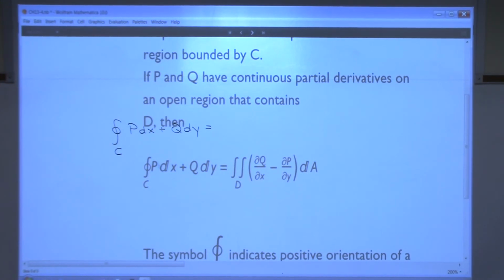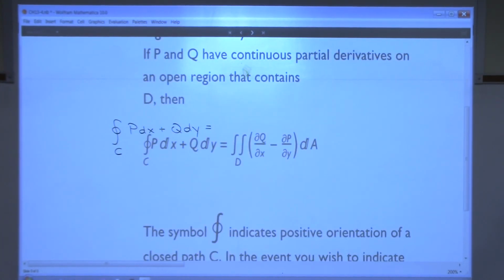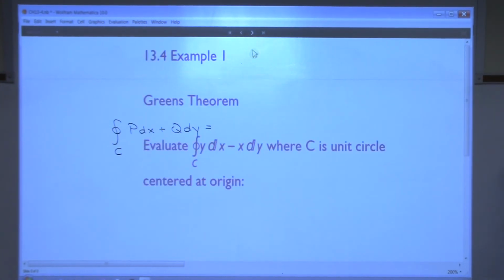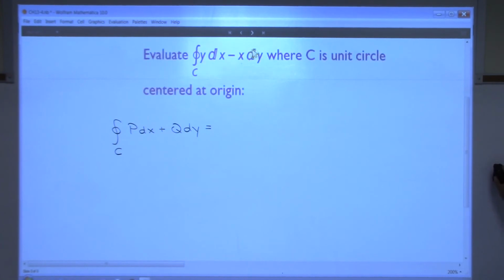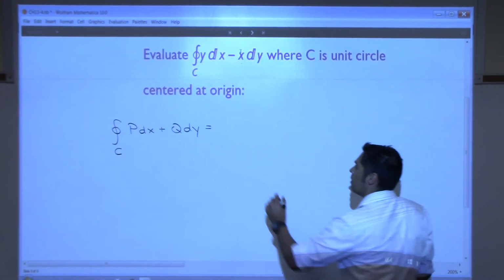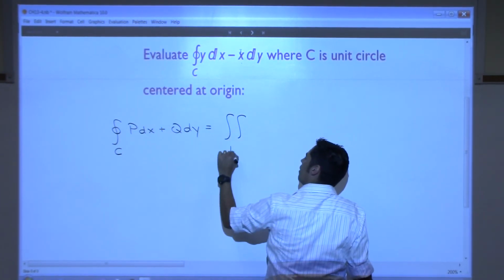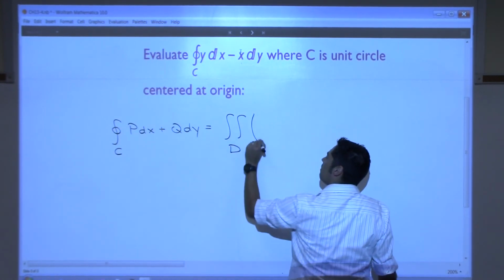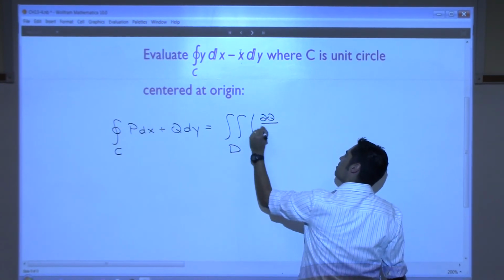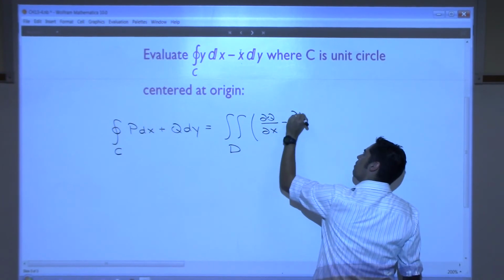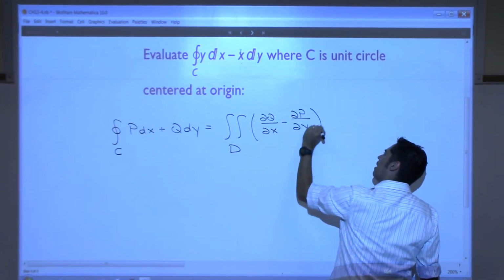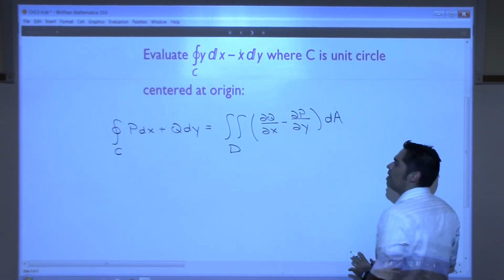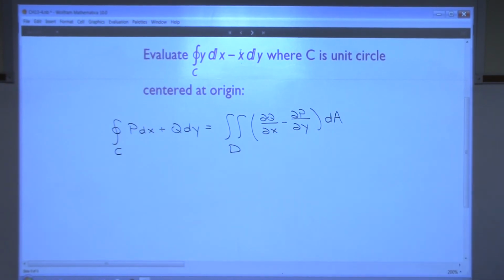This is equal to this double integral, which should be the double integral over D of partial Q with respect to x minus partial P with respect to y dA. We're integrating with respect to area because it's a double integral over a region, right?